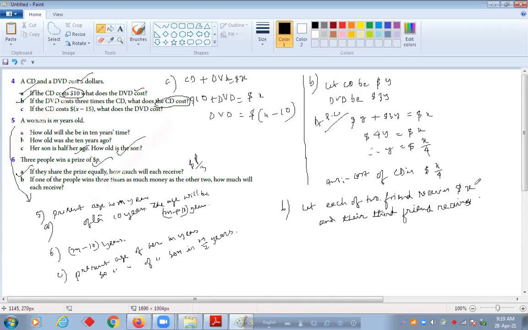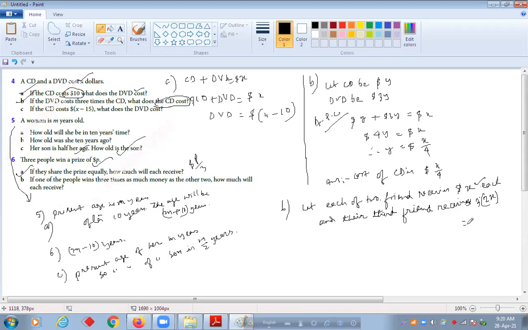So the other two have received X dollars each. Together they receive X plus X, 2X, and the third friend has received 3 times of 2X.